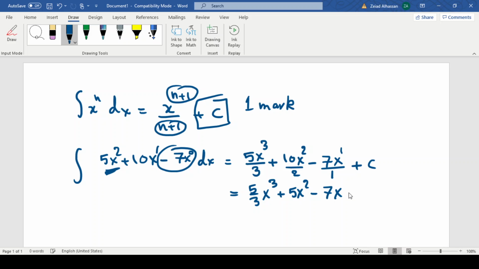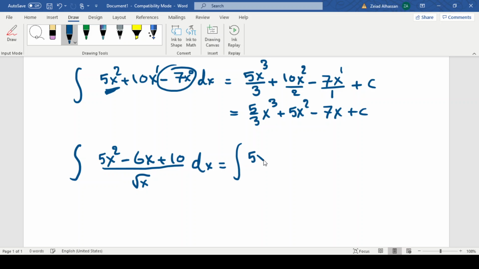For example, if I have 5x squared minus 6x plus 10 over a square root of x dx, this means it is an integration of 5x squared minus 6x plus 10 divided by x power half dx, which means integration of 5x squared over x power half minus 6x over x power half plus 10 over x power half dx, which means in division we subtract powers.